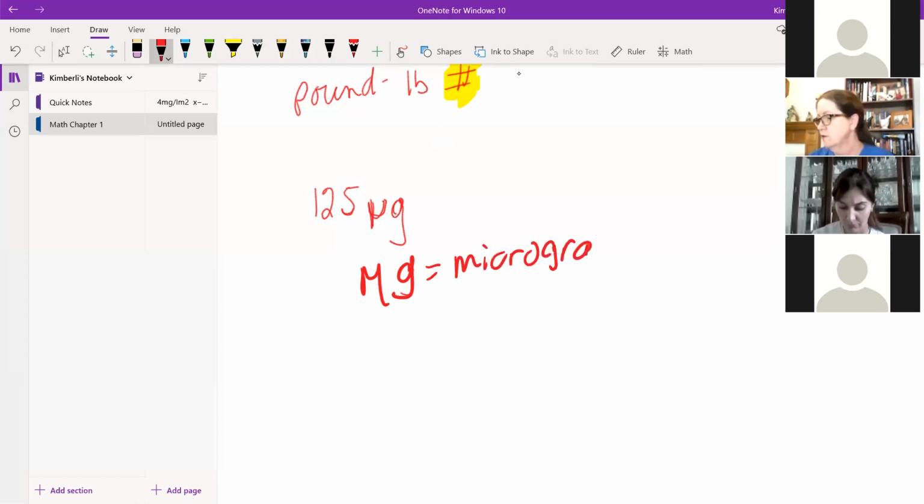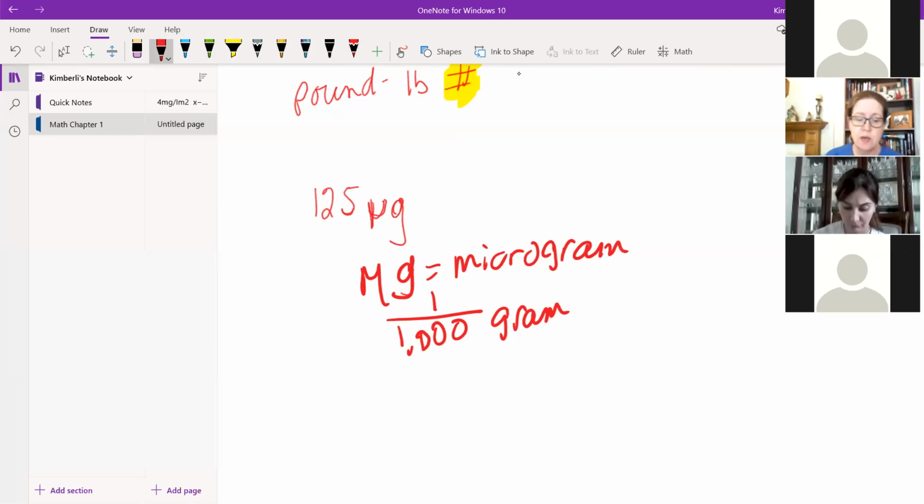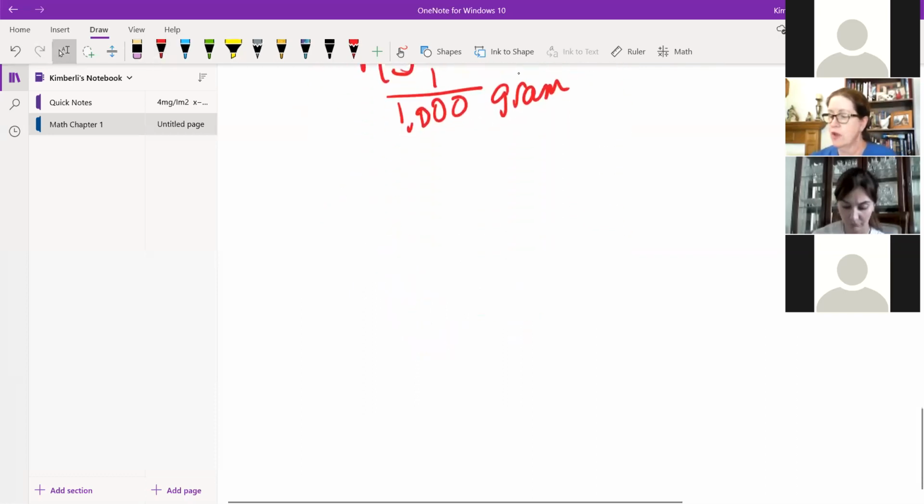And a microgram is 1/1000th of a milligram. Good. So if you look on the top of page 80, all of the metric systems have a base unit of measure, which in case of weight is the gram.